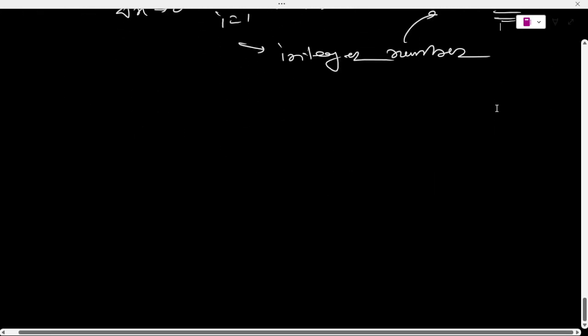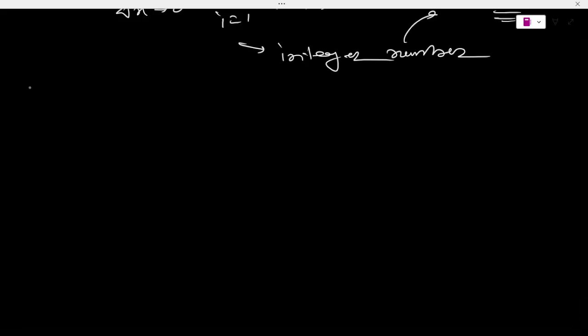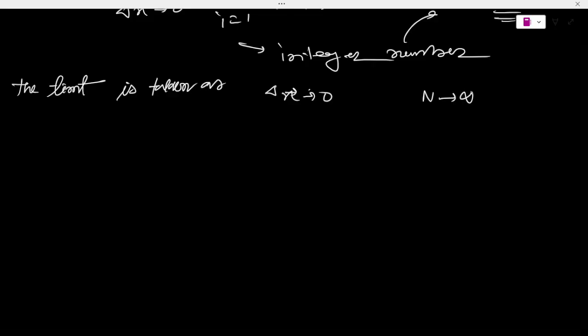The limit is taken as del x tends to 0 and n tends to infinity.